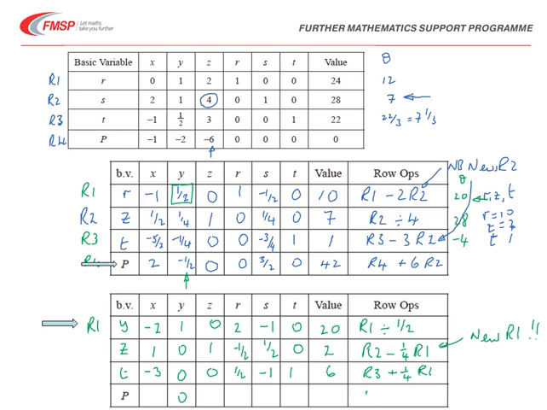Finally, in row 4, at the moment we have a value of negative 1/2, so if we take row 4 plus 1/2 of row 1, then we get the values of 1, 0, 0, 1, 1, 0, and 52.